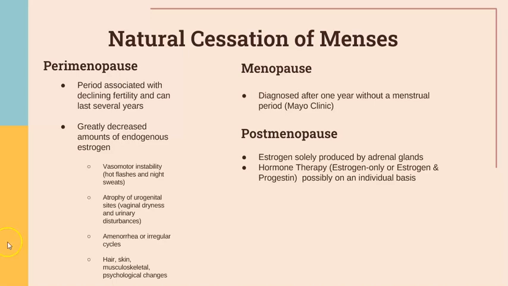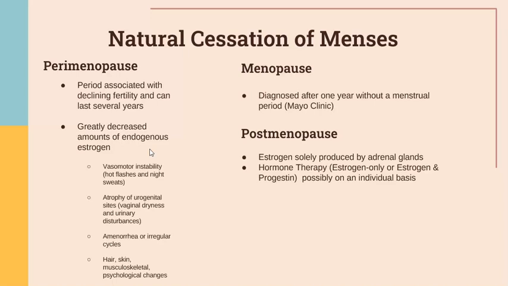Each ovum that matures is released. If it's not fertilized, it's just shed with the uterine lining. If it is fertilized, then you have a pregnancy. So around middle age, this gradually decreases, and women have greatly decreased amounts of that endogenous estrogen, which helps those follicles to mature.